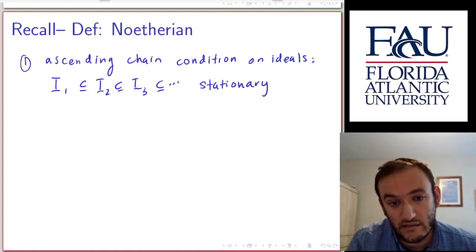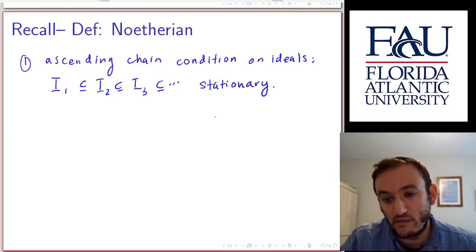In other words, it's eventually constant, like all of the subsequent ideals are equal to some fixed ideal in the chain.